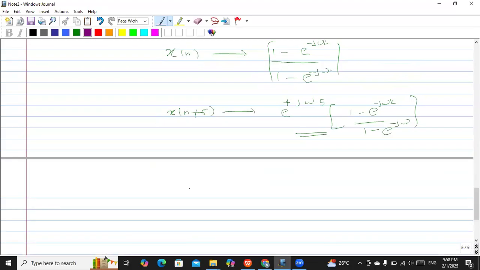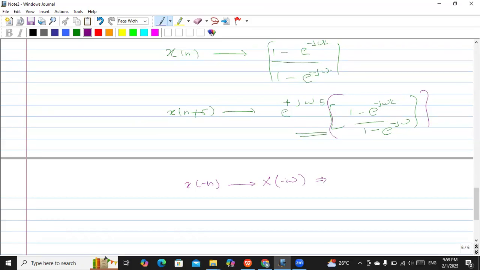So if you are asked to find the Fourier transform of x[minus n], the time reversed signal, how do we find it? This is x[n]. So the Fourier transform of x[minus n] will be X(minus omega).